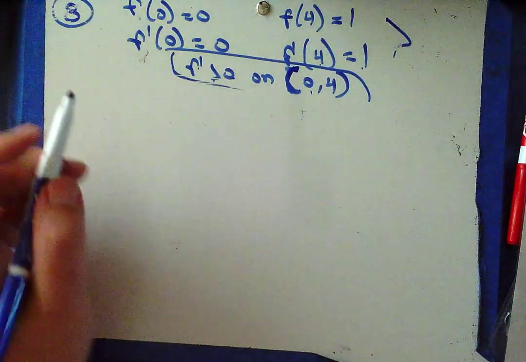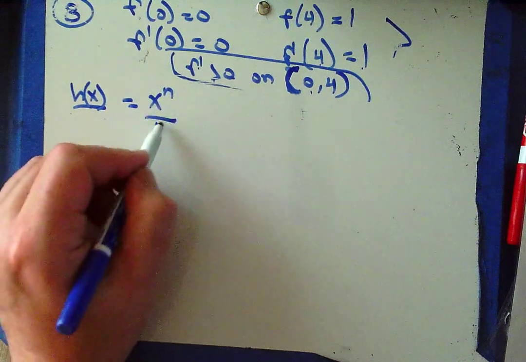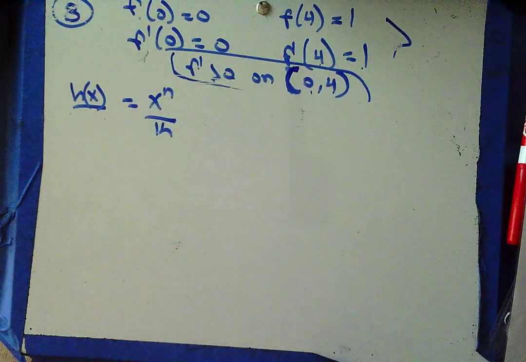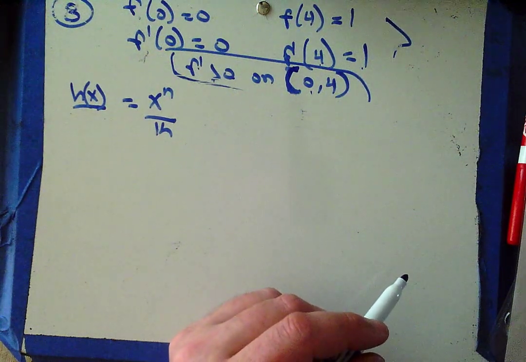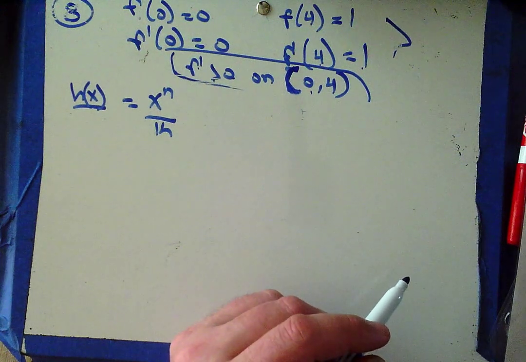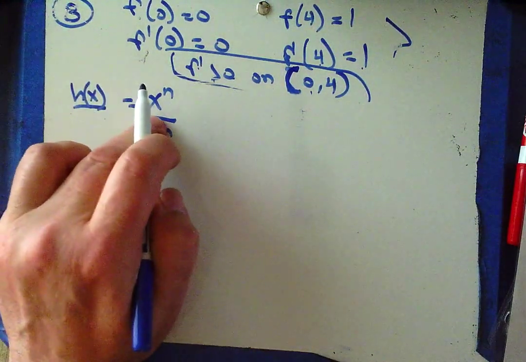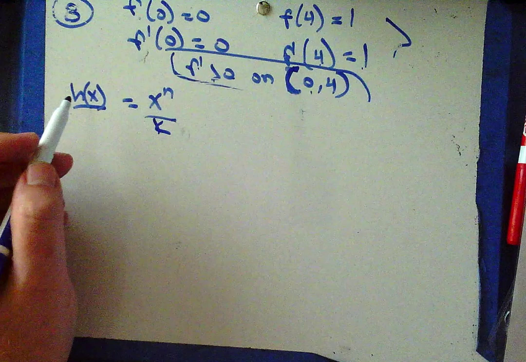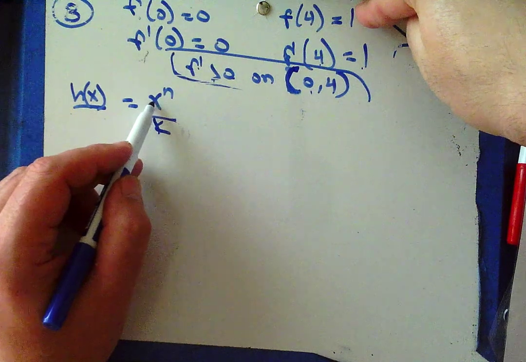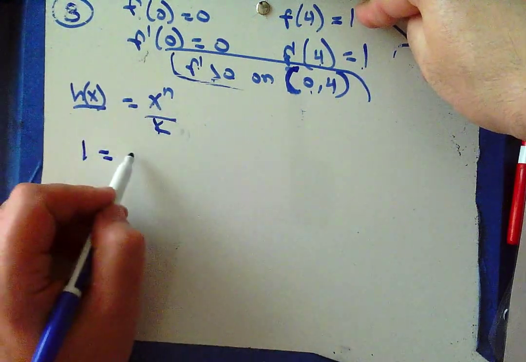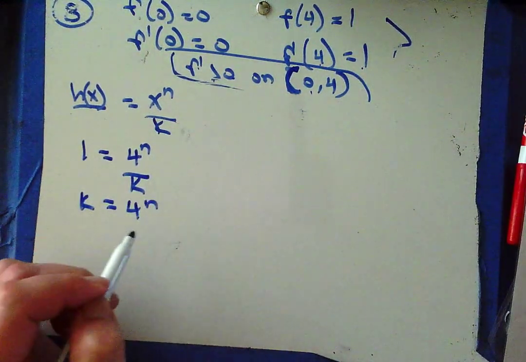Part D says, let h of x be x to the n over k, where k is a non-zero constant and n is a positive integer. Find values of k and n so that we meet requirement 2, 1, and 3. Okay, so let's start. If we plug in 4, we should have 1 equals 4 to the n over k, or k equals 4 to the n.